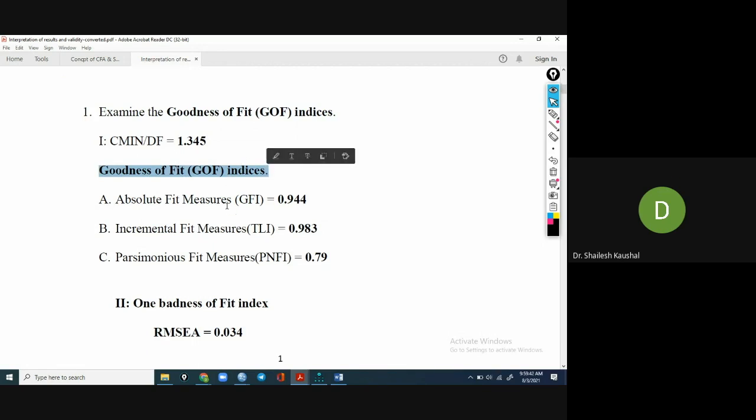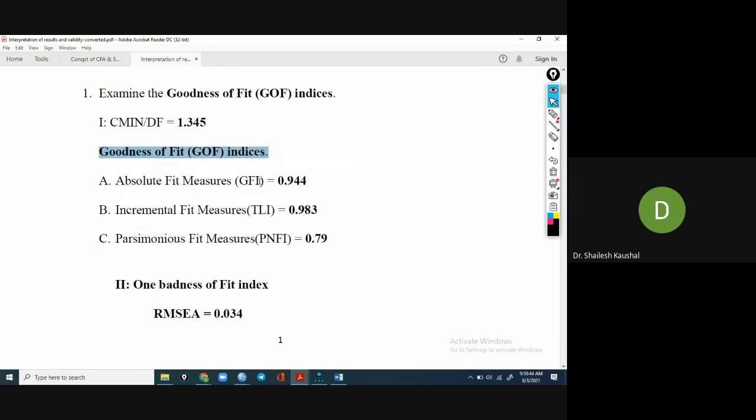One is absolute fit measures, where we can take the GFI value. There are other values also available: GFI, goodness of fit index, and AGFI, adjusted goodness of fit index. One value we take from the absolute fit measures, one from incremental fit measures, and one from parsimonious fit measures. Although each group gives three or four values, we take only one value, which is higher.